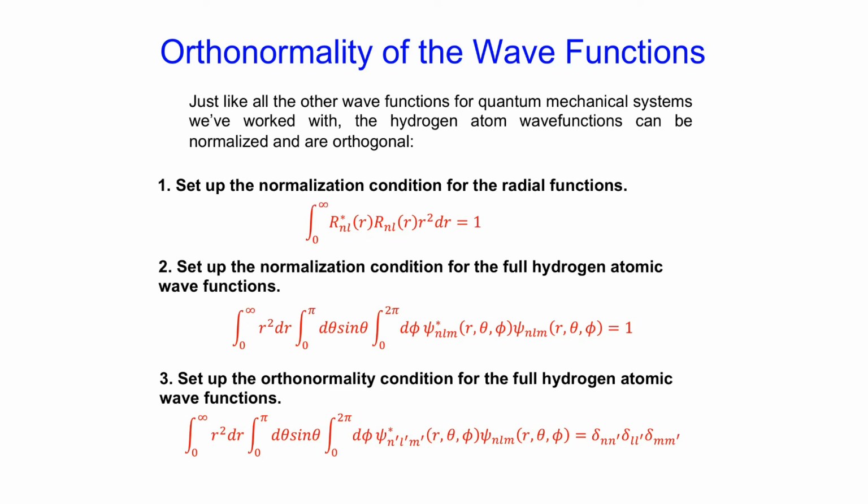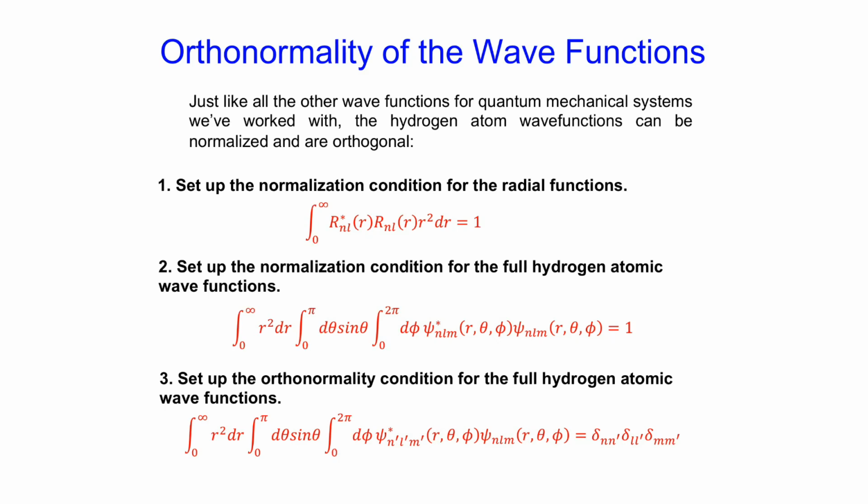So that is it for our general overview of the wave functions for a hydrogen atom and how we can put together some of those integral calculations that we will likely want to do for orthonormality and normalization conditions.